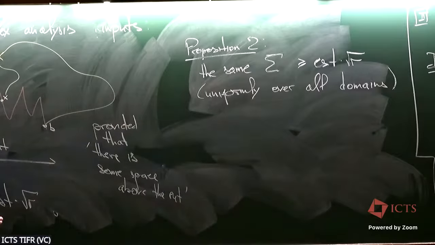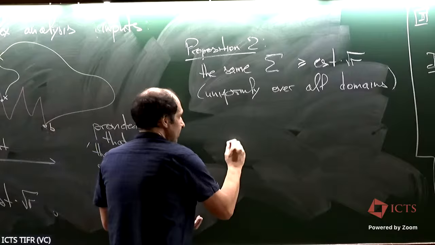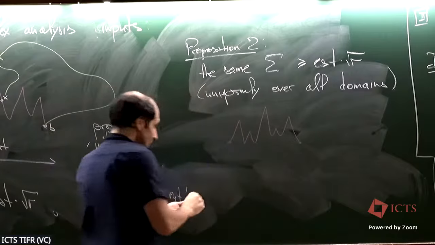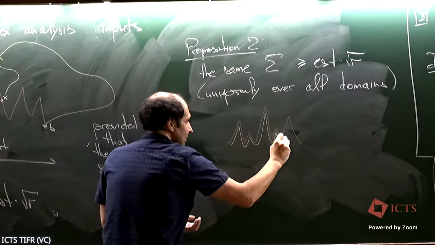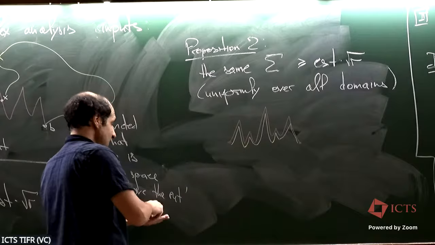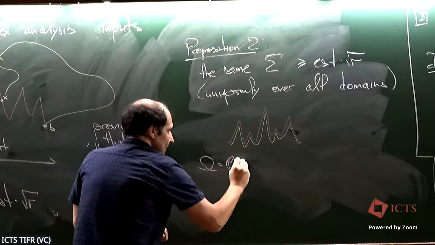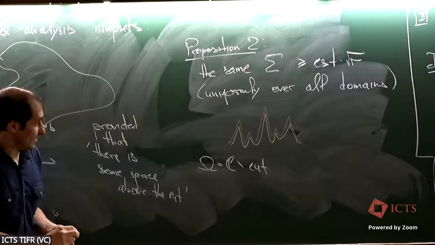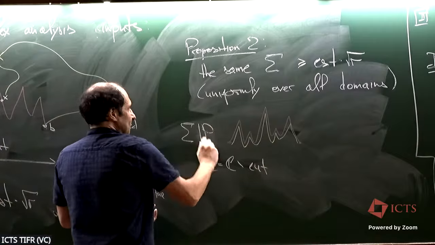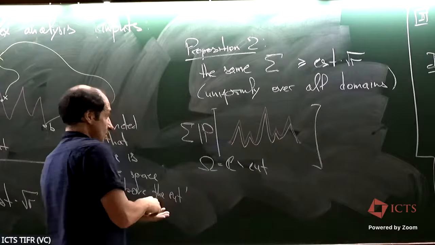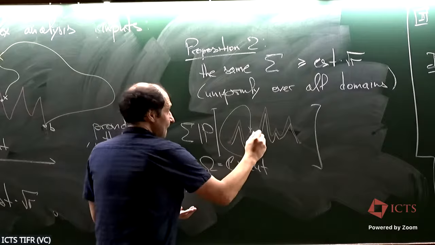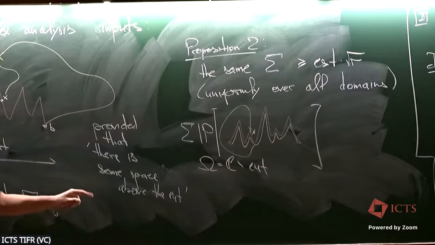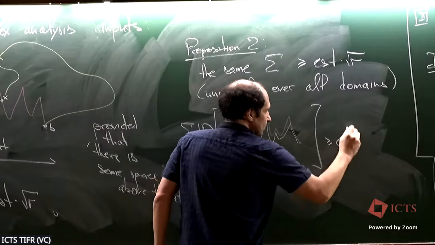And actually, the most conceptual way of saying this is that even if your domain is the full plane without this cut, the sum of probabilities that it is connected this way is still bounded.